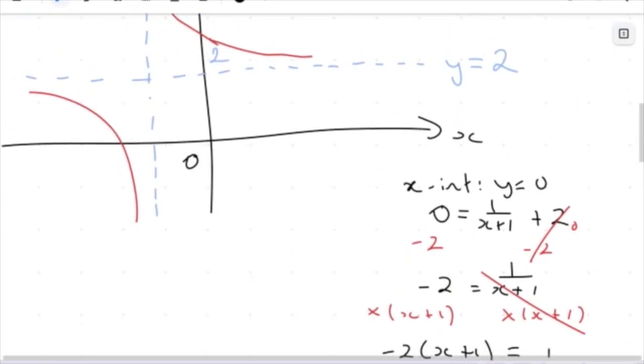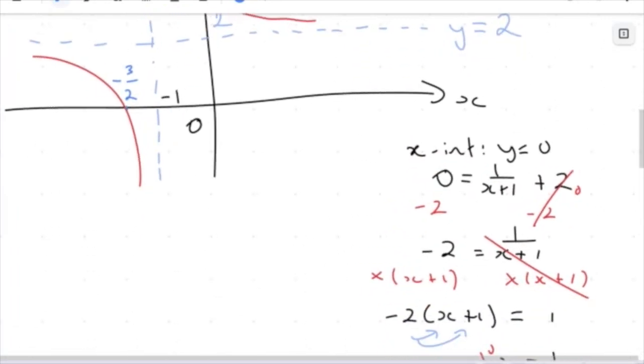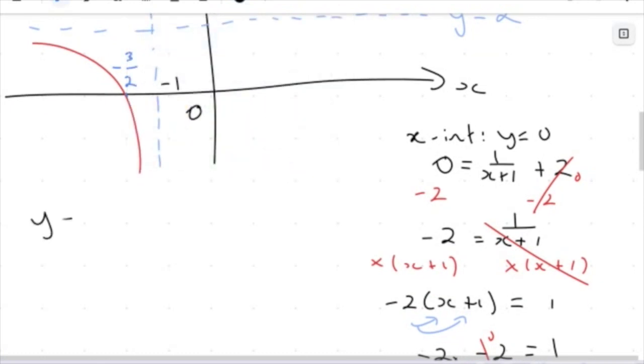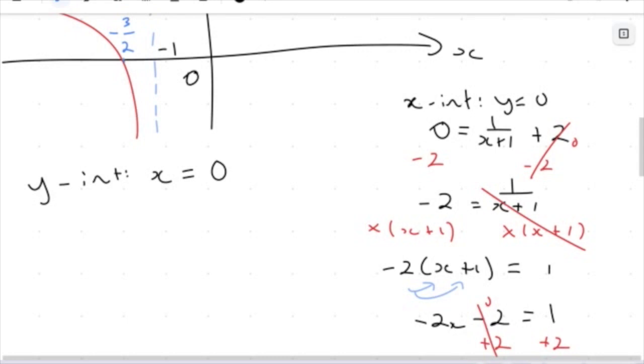And that kind of checks out here because this is -1 here. So this is the x value of -3 on 2. That is my x-intercept. And finding my y-intercept will be a little bit easier. My y-intercept I get when x equals 0. So I have that y equals 1 over 0 plus 1, plus 2.